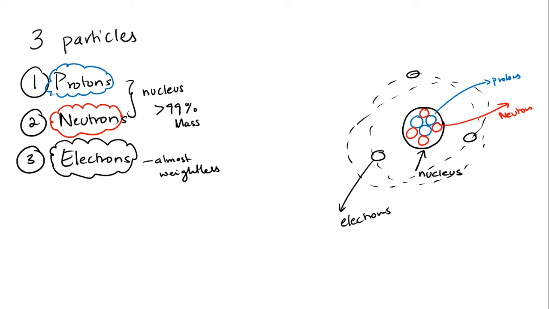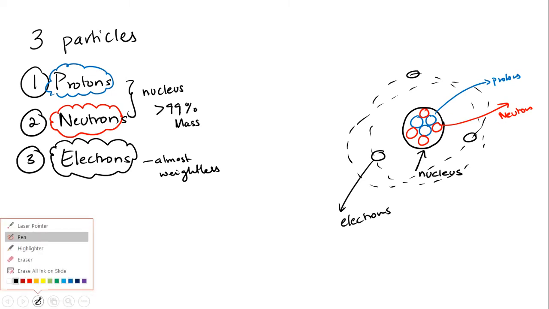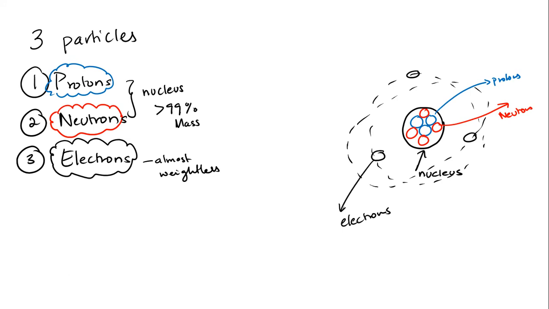Now, let's talk about another special property of some of these particles, and that is charge. I'm talking about electrical charge. We know from general knowledge that there are positively charged things and negatively charged things. Electrical charge can either be positive or negative.